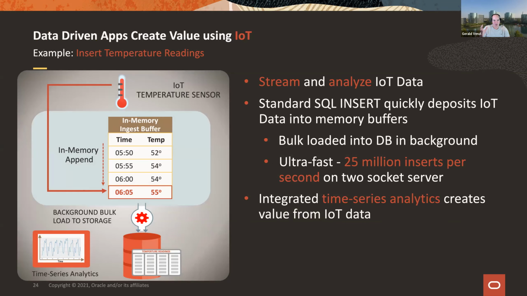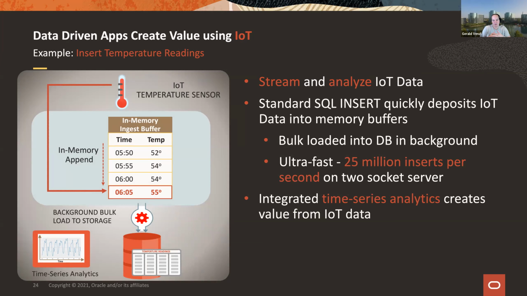IoT workloads: we have really cool new functionality, and I believe it came in 12.2 or 18c, not quite sure, that allows you to ingest IoT kind of data really, really fast into a new memory area. We call it Memoptimized. It's a property that you set on the table. Essentially it allows you to insert data really quickly without having to write it to disk.